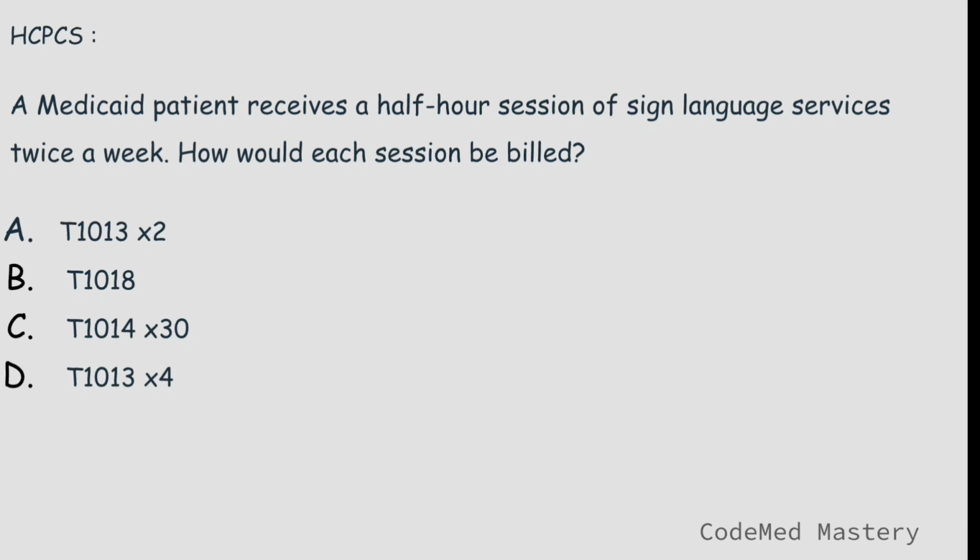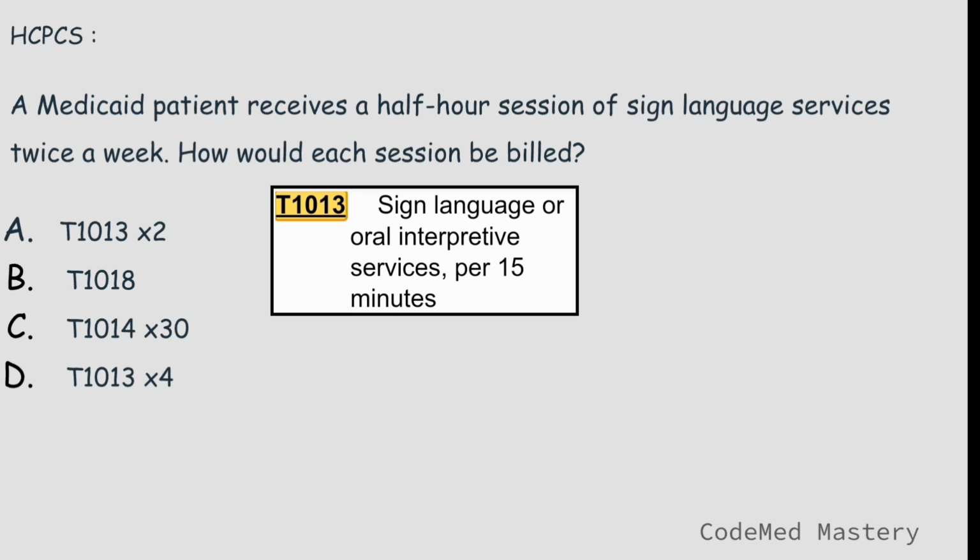This question is from HCPCS Level 2. Read the question. A Medicaid patient receives a half-hour session of sign language services twice a week. How would each session be billed? Check option A T1013, that is for sign language or oral interpretive services per 15 minutes.